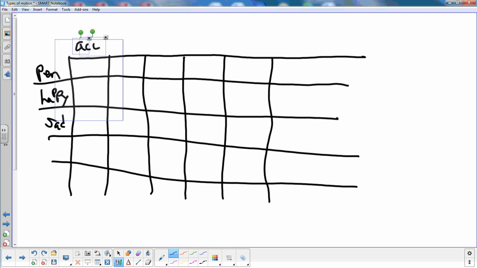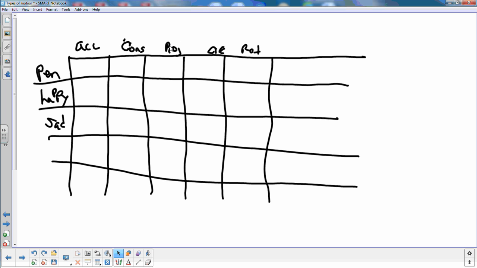If you're looking at circular, if you're looking at rotational motion, your chart can look something like this, and it would be perfectly awesome to do that. To finish out, there are obviously a few more words up here that, now that my computer is being angry with me, I don't want to draw, but accelerated motion, constant motion, projectile, you can figure out the rest of it.